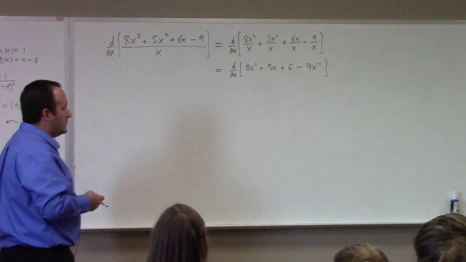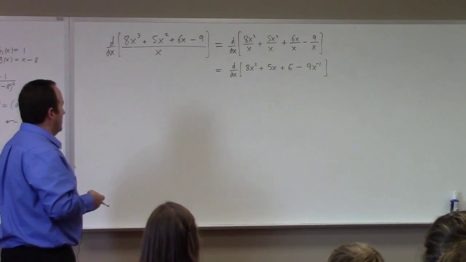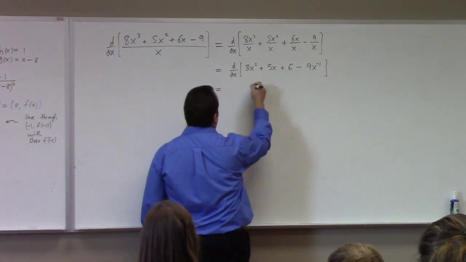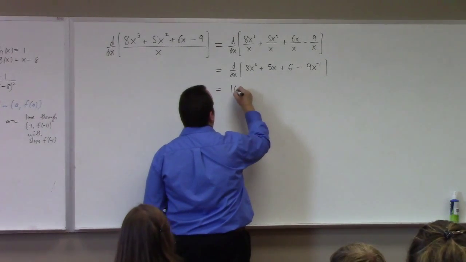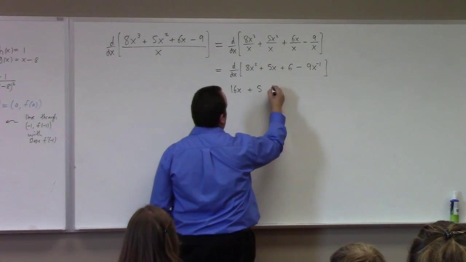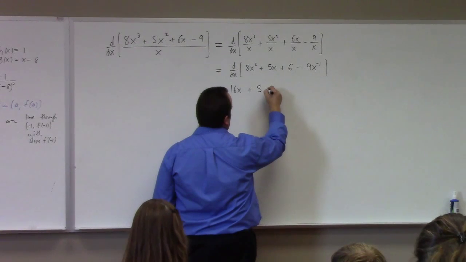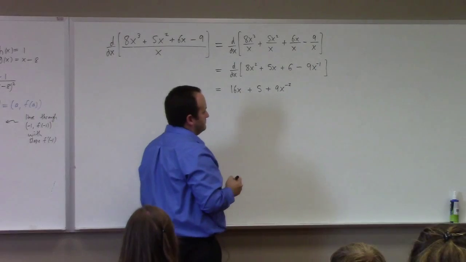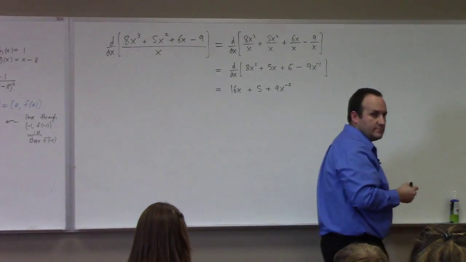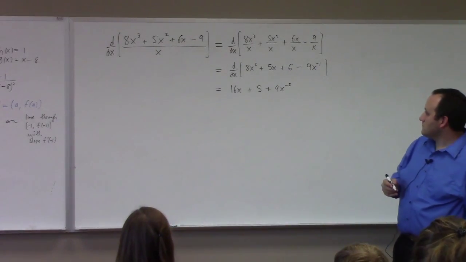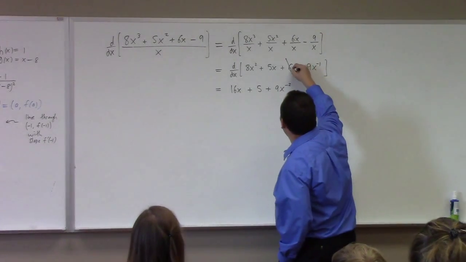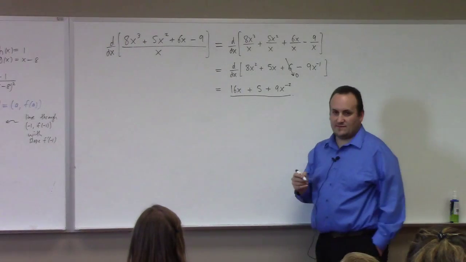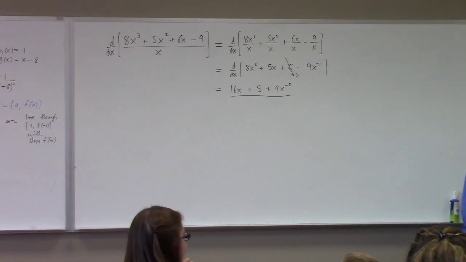I did that exact same thing. 16x plus 5, plus 9x to the minus 2. The 6 is not changing. It is, oh yeah, so it disappears. Its derivative is death to constants.